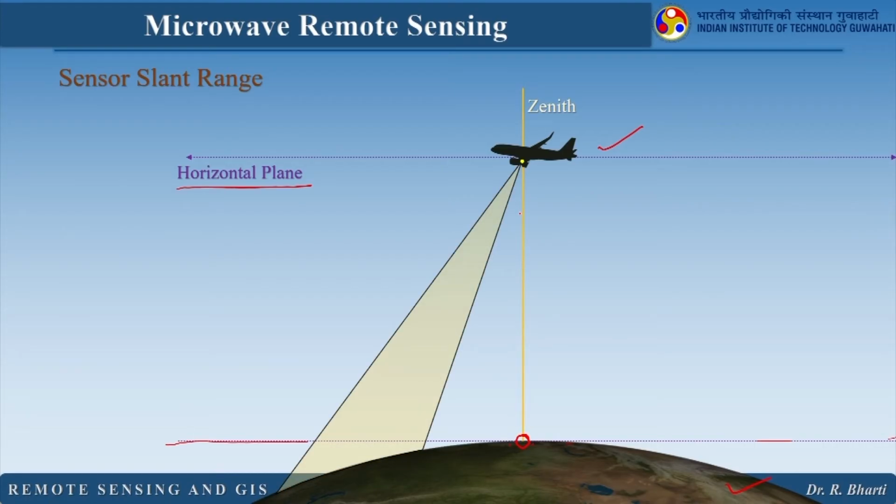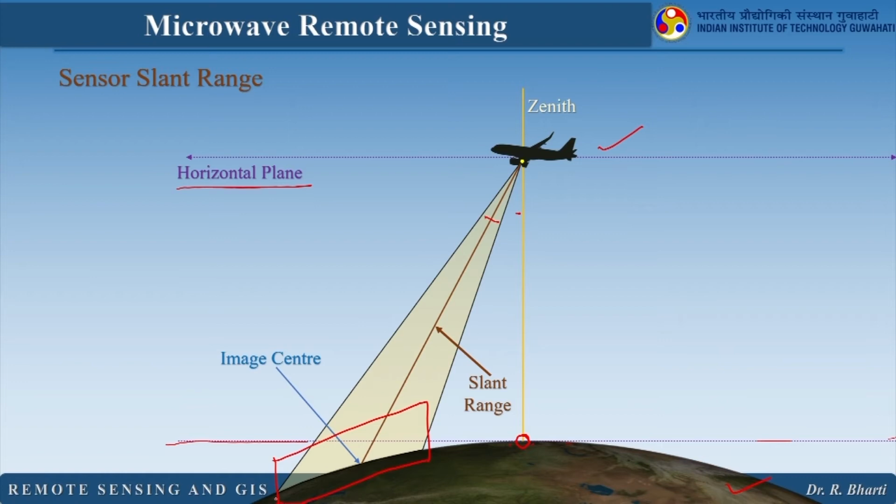As we know, this will illuminate this surface with this FOV, right. Once you have the image generated for this particular area, you can easily find the center of the image, right.